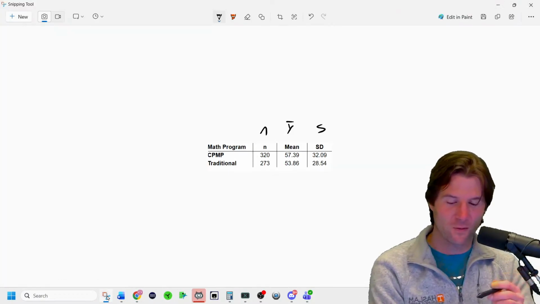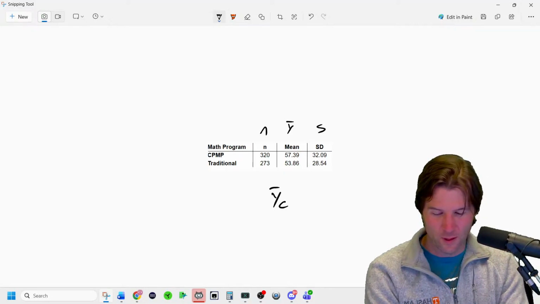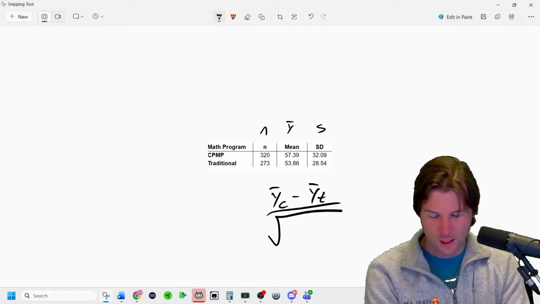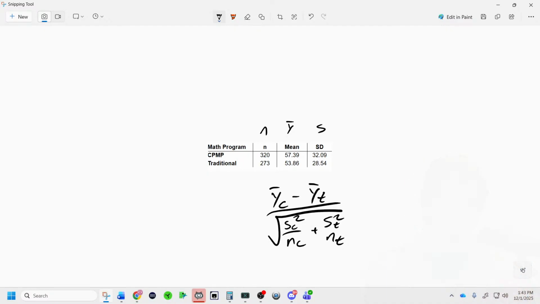Core Plus Mathematics is the first one, so we have to do mean of Core Plus Mathematics minus mean of traditional, over the square root of standard deviation of Core Plus squared over sample size plus standard deviation of traditional squared over sample size. And so now let's plug these numbers in. Please tell me if I get something wrong. 57.39 minus 53.86.